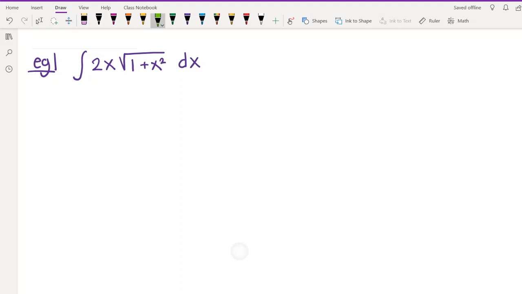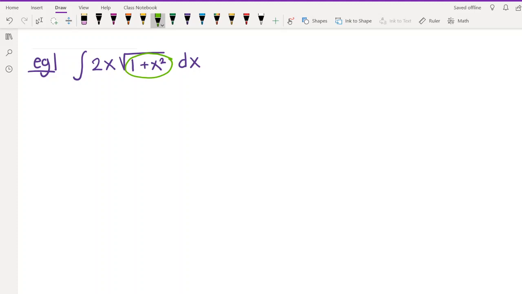Notice that we have the square root of 1 plus x squared. We don't know how to take the antiderivative of that, but we do know how to take the antiderivative of just square root of u, or square root of x. So if we can turn this input into u, we will know how to take the antiderivative.